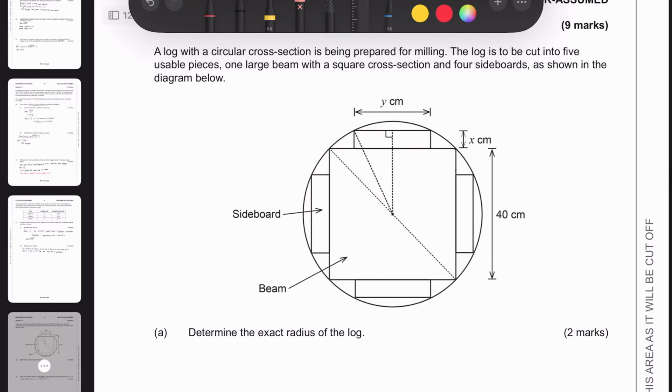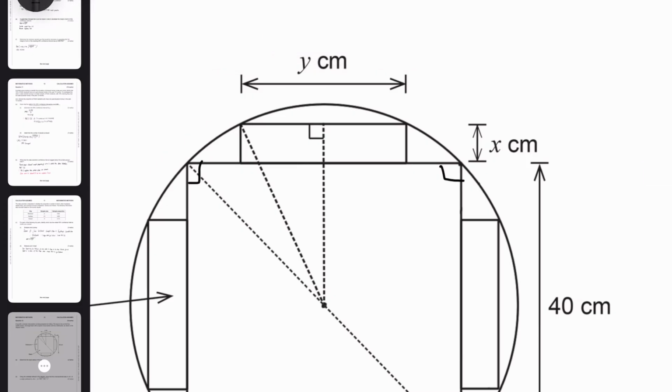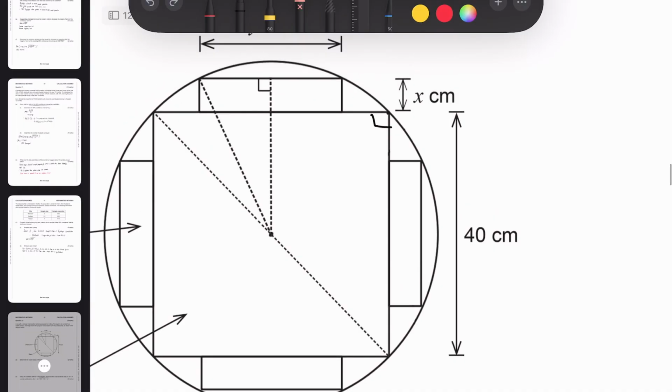Okay, so it's a square cross-section, so we know that all these angles are 90 degrees. That's very good because then we can use some Pythagoras. If this side is 40 here, then this side must also be 40, and this diagonal is 2 of the radii.